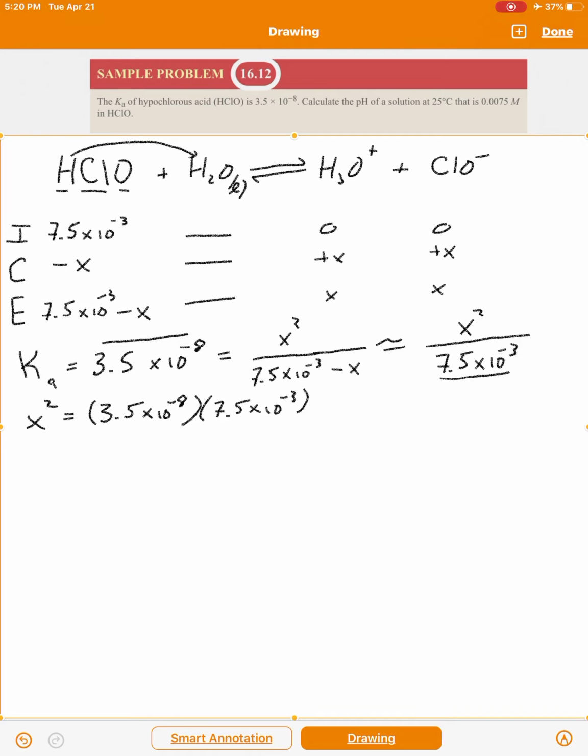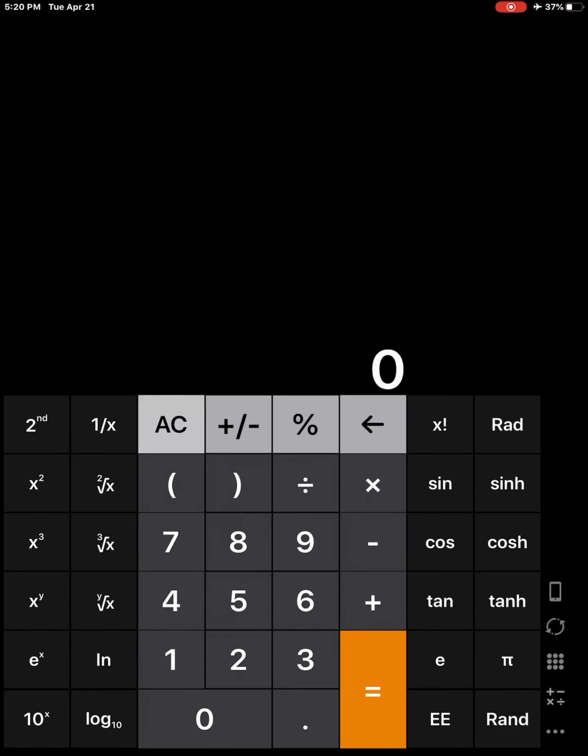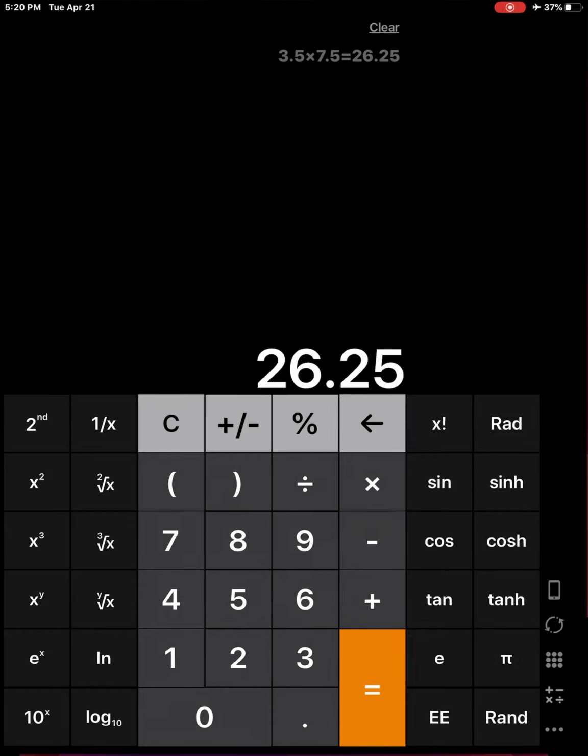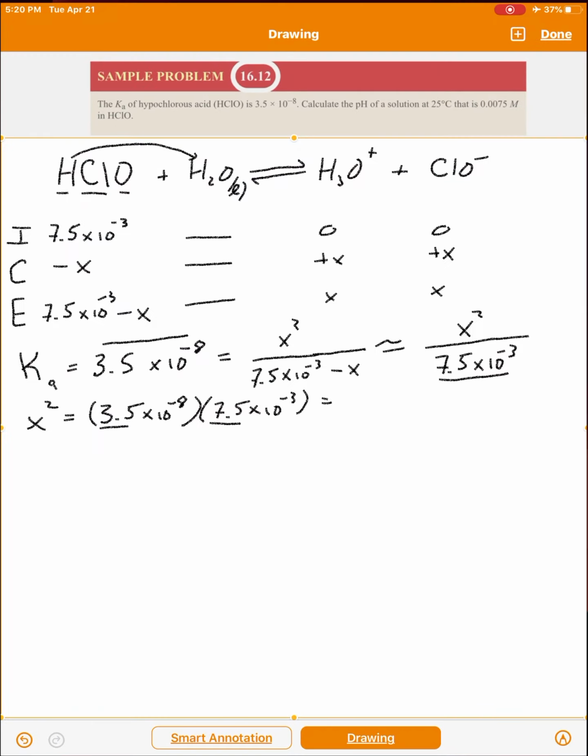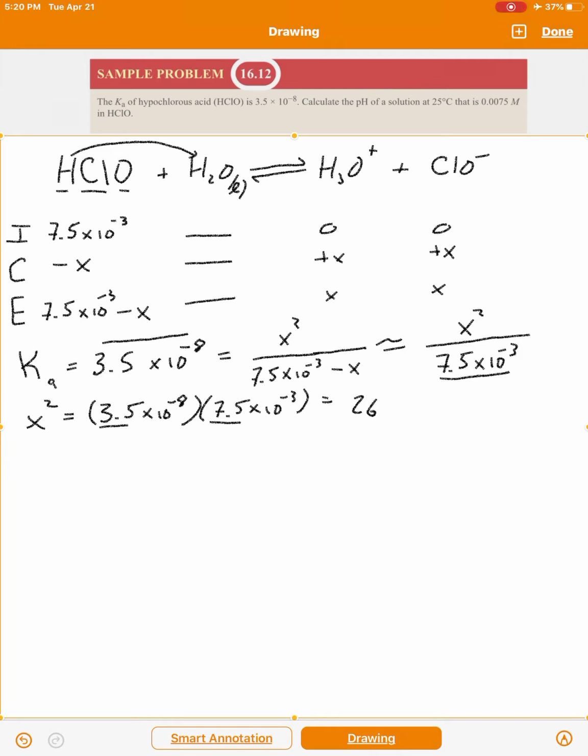Let's do it this way. 3.5 times 7.5. That's 26.25. And then 10 to the minus 8 times 10 to the minus 3, just add the exponents. Negative 8 and negative 3 is negative 11.